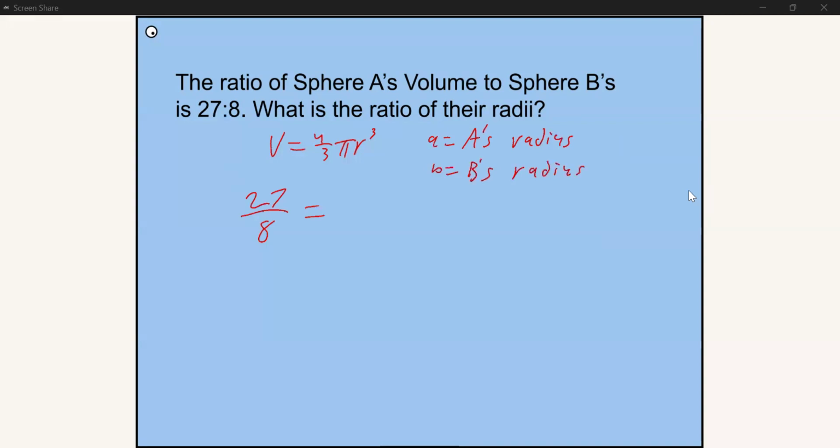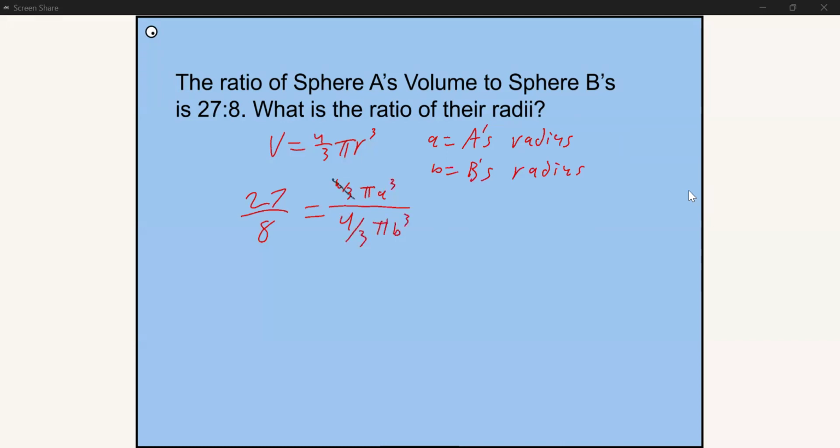So you could set up something like this: 4/3 pi a cubed over 4/3 pi b cubed. Sorry about that terrible 4.